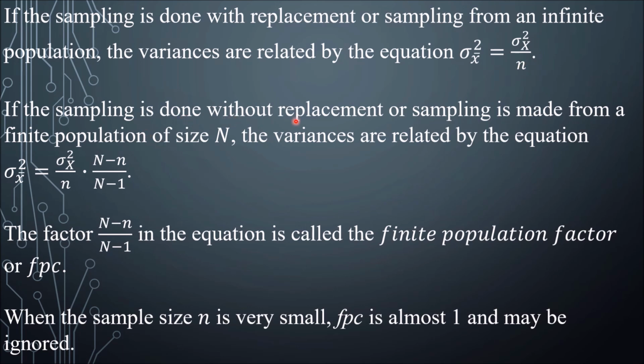If the sampling is done without replacement, or sampling is made from a finite population of size N, the variances are related by this equation. Now the factor N minus n over N minus 1 in the equation is called the finite population correction factor, or FPC. When the sample size n is very small, FPC is almost 1 and may be ignored.